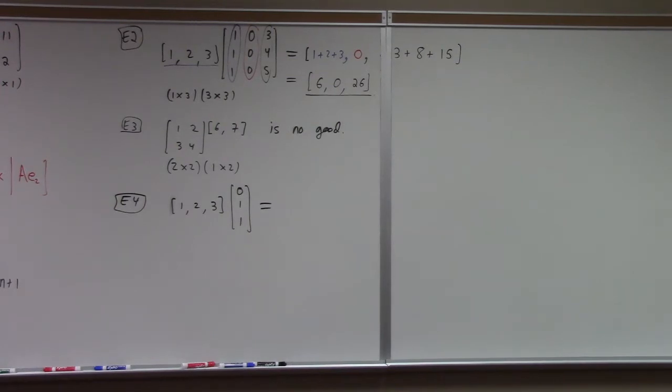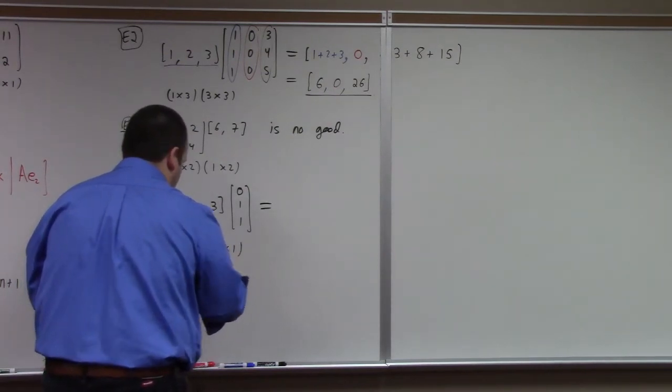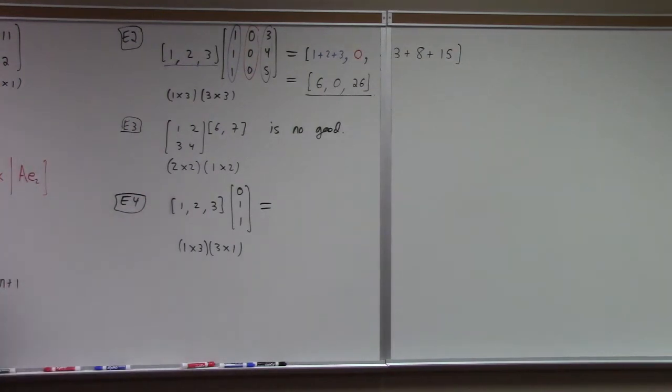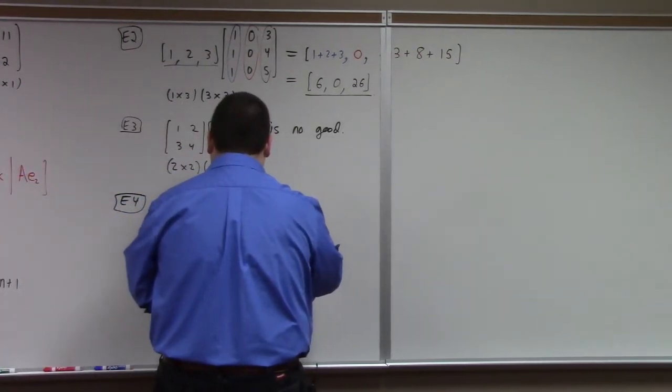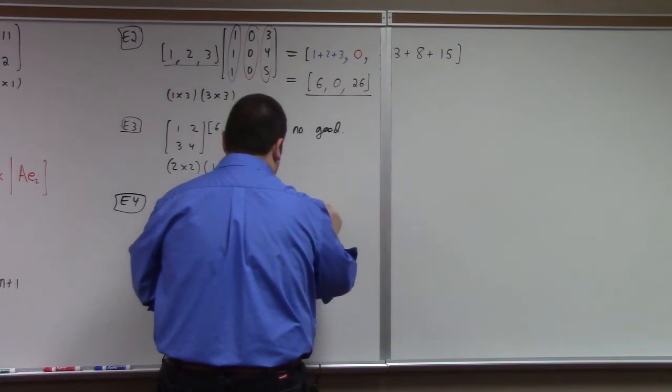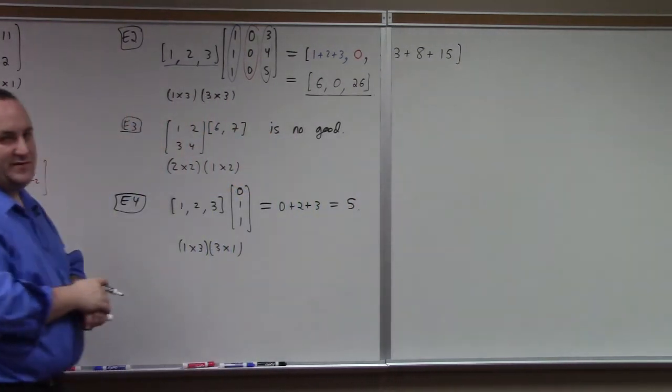That's a 1 by 3 times a 3 by 1. What should the answer be? A 1 by 1. So in fact, in this case, that just reduces to just plain old dot product of the vectors. So it's 0 plus 2 plus 3. The answer is just 5. And in the case we have a 1 by 1, we just drop the brackets.